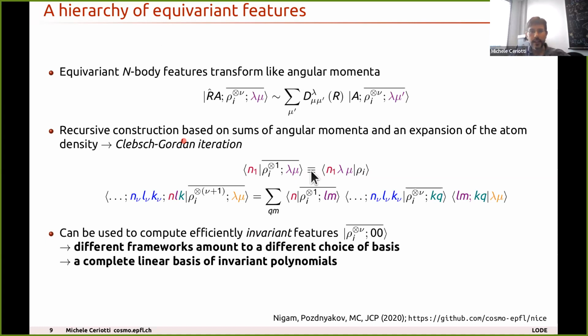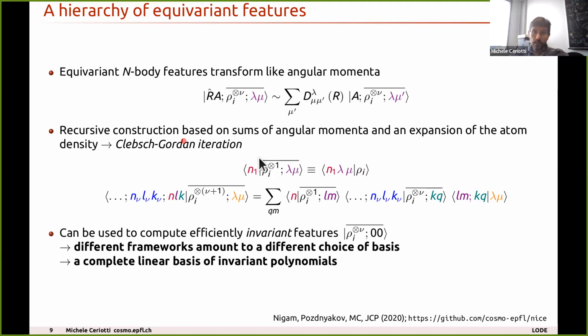Basically, the idea is that you start by expanding the neighbor density in radial functions and spherical harmonics, and then you have a rule to combine these correlations in a way that preserves the irreducible behavior with respect to the operations of O3.